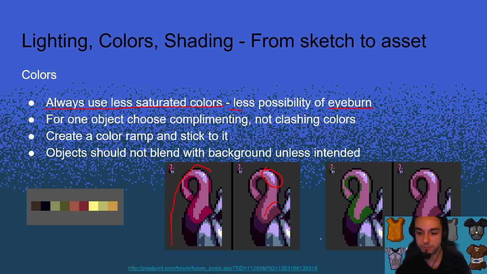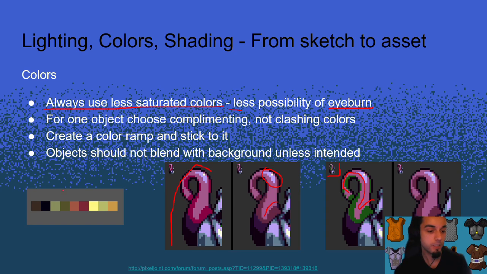Again, we can see here with the appendage, if we make something like this for the shadowy and non-shadowy parts, it's very complicated to understand what we're seeing. Well, this one is much more complementary, much easier to understand. Okay, we have some light here, we have some shadow here.